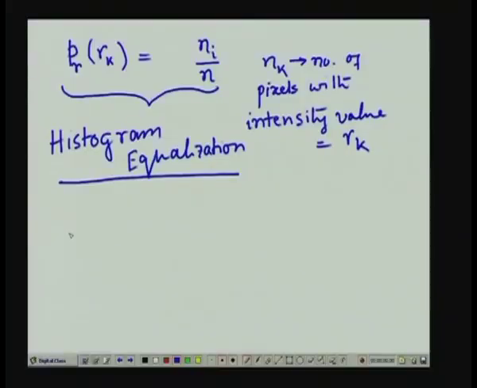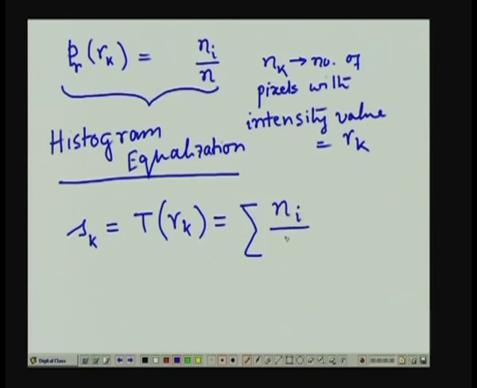That transformation function, which we represent by T(r_k), is given by s_k equal to the summation of n_i by n, where i varies from 0 to k, which is nothing but the summation of p_r(r_i), where i varies from 0 to k. So, this is the transformation function to be used for histogram equalization.